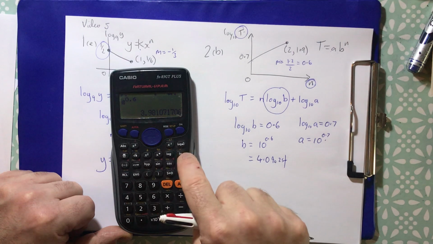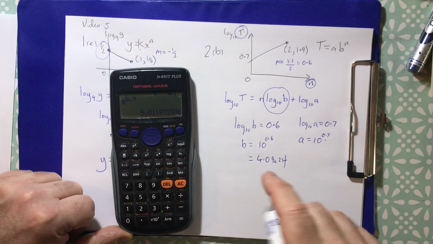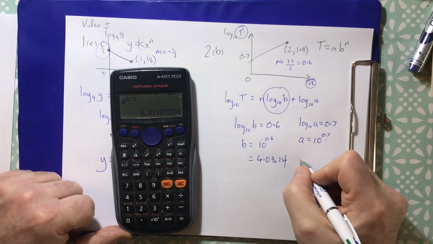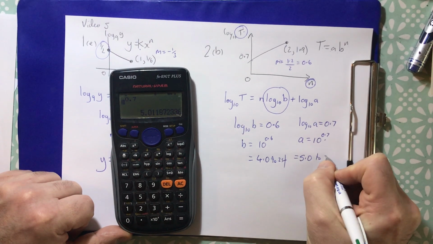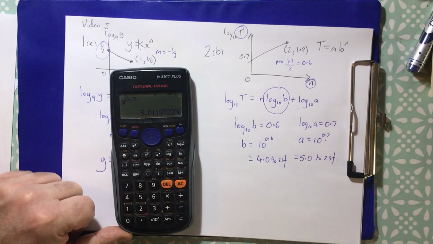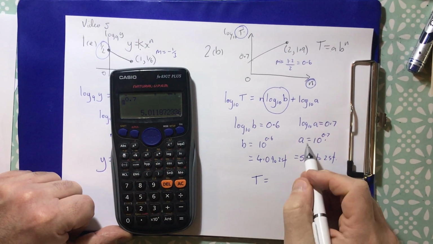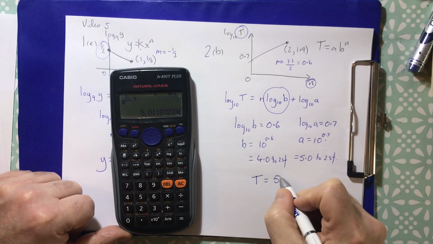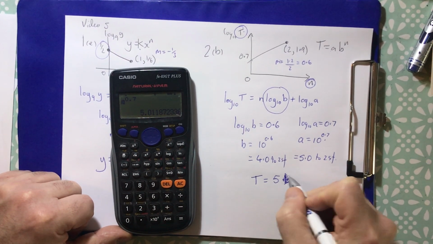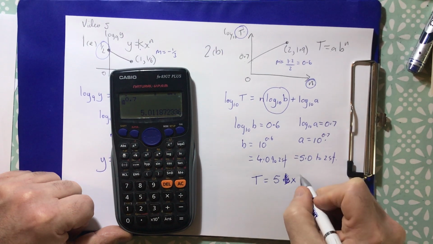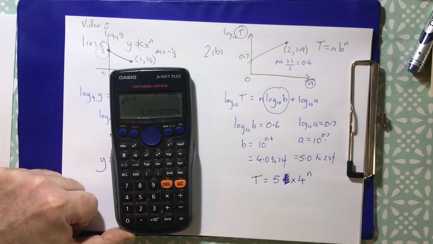So shift log 0.7 gives me 5.0 to two significant figures. So what we had here was t equals, a was 5, so 5 times 4 to the power n. That's what our formula would look like.